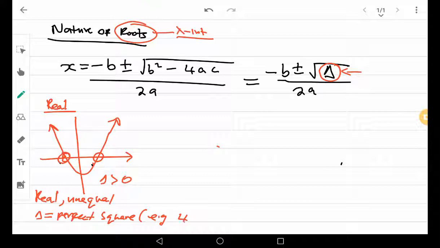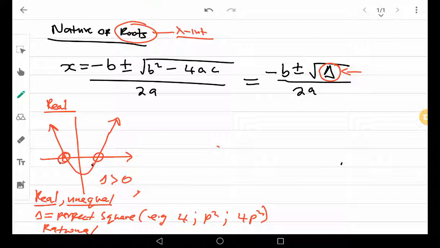for example 4 is a perfect square, p squared is a perfect square, 4p squared. Anything with an even power is a perfect square. If it's a perfect square, we say those roots are real, unequal, and rational.